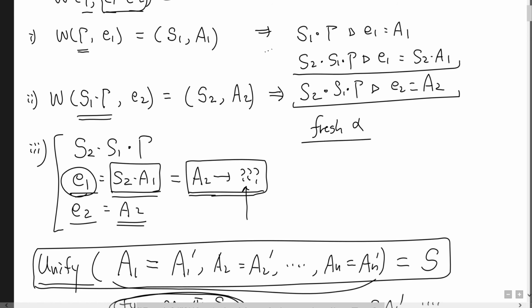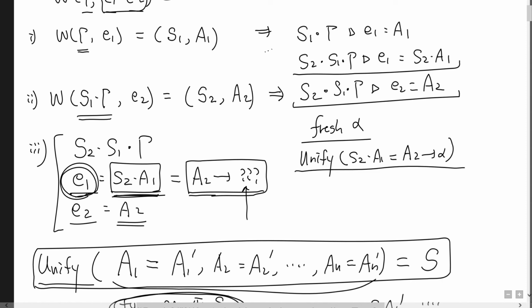Then we call unify: E1 has type S2 A1, which must be of this form, A2 arrow alpha. If this unification fails, then the whole type checking fails. There's no way to assign a valid type to this expression E1 applied to E2.